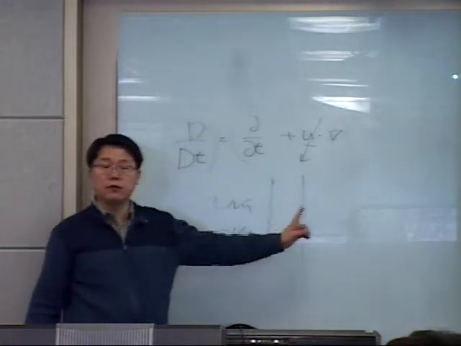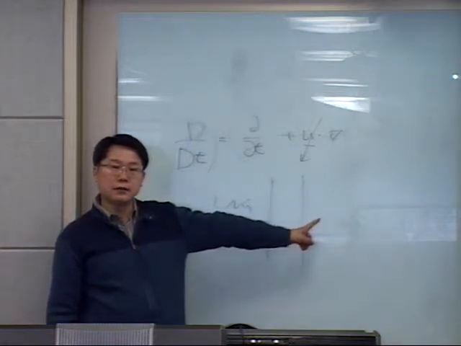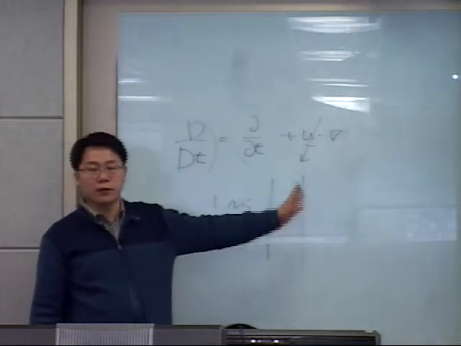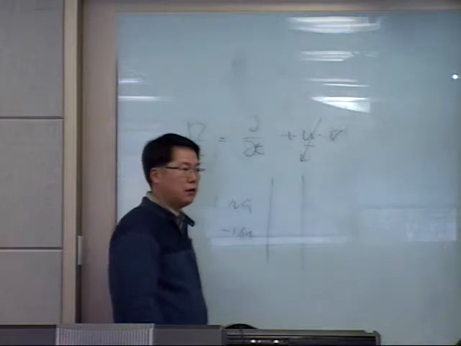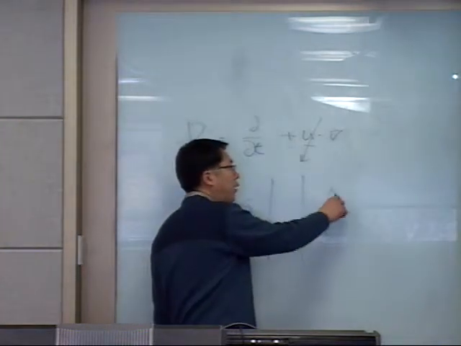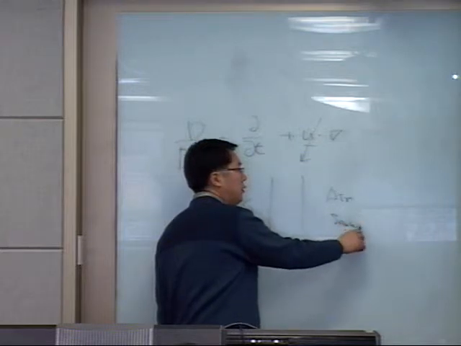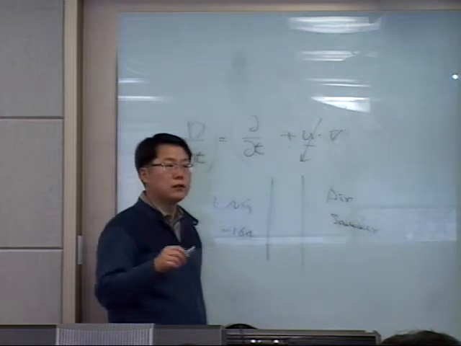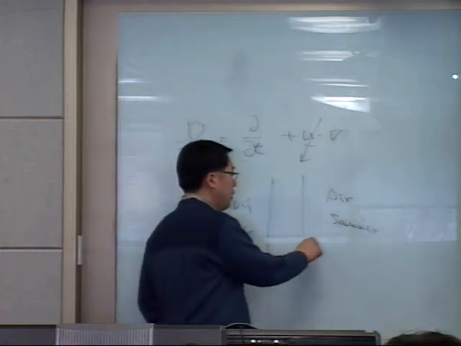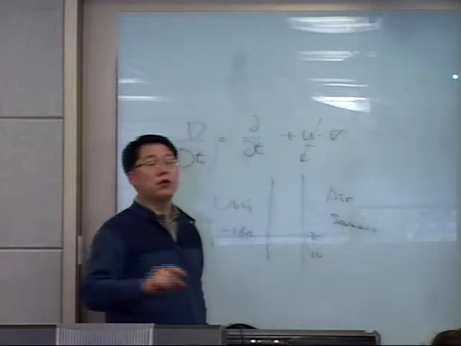And what is the proper boundary condition for the outer surface? There would be air or seawater. So you can impose a boundary condition of 30 or 10, depending on the case.